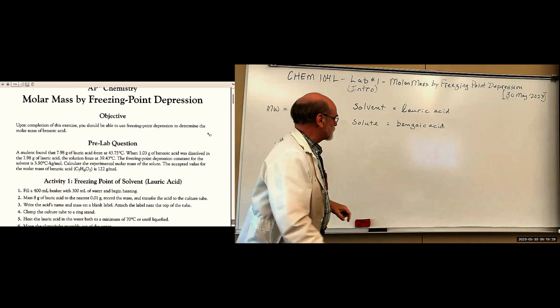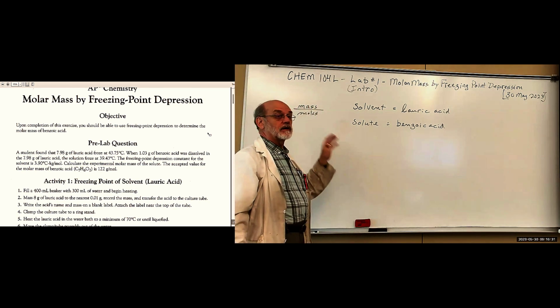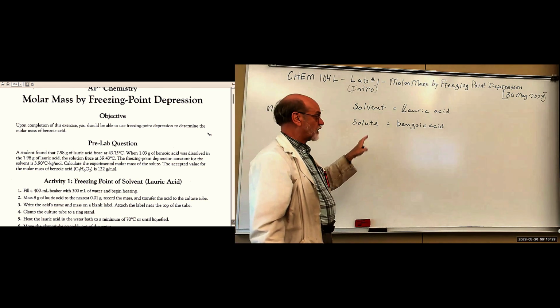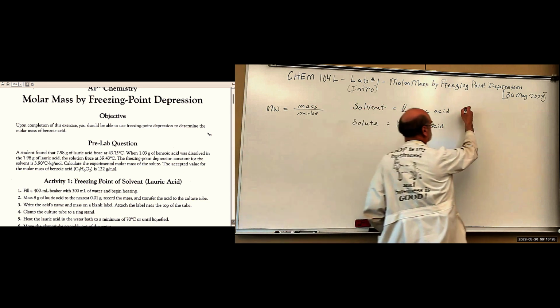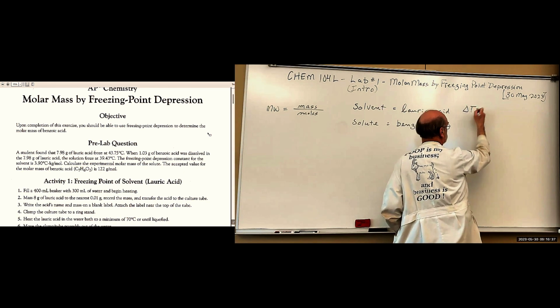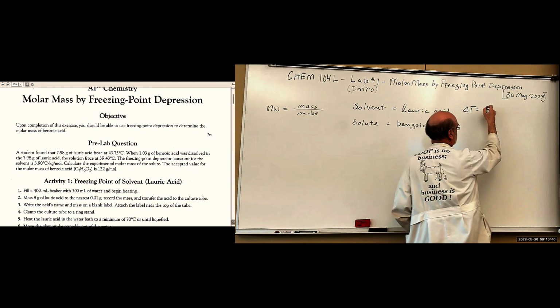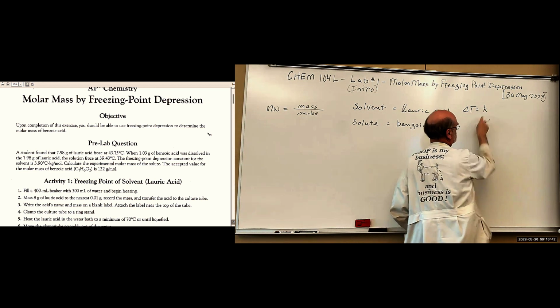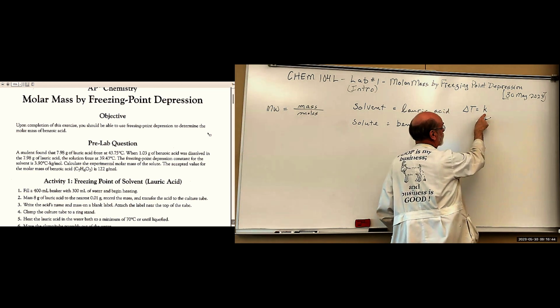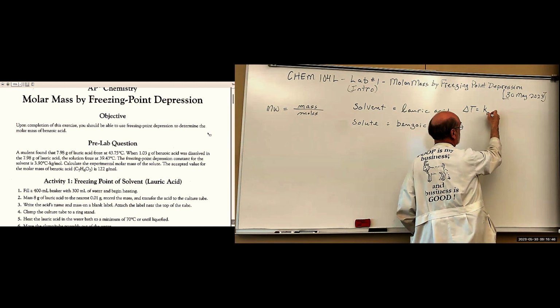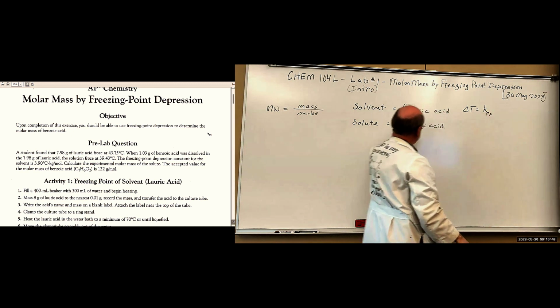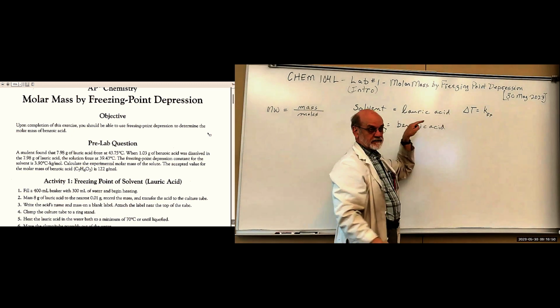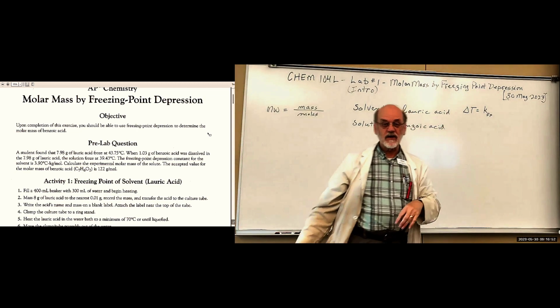Okay, so what's the controlling formula for this colligative property? It's a change in temperature, and the freezing point depression constant that's particular for lauric acid. Okay, and that's given on that first page.